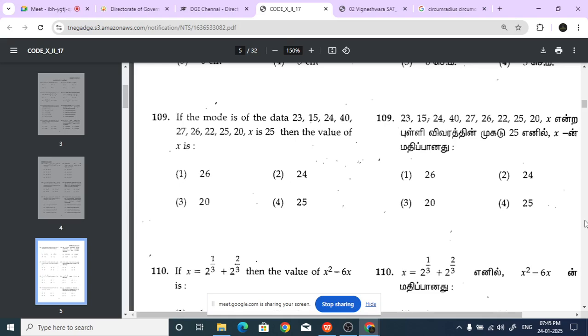So if the mode is 25, the series is given up to x. If the mode is 25, 25 should repeat more than once, because all other numbers are repeated only once. So what should be the value of x? 25, sir. Correct. Very good. Okay, go to question number 110.